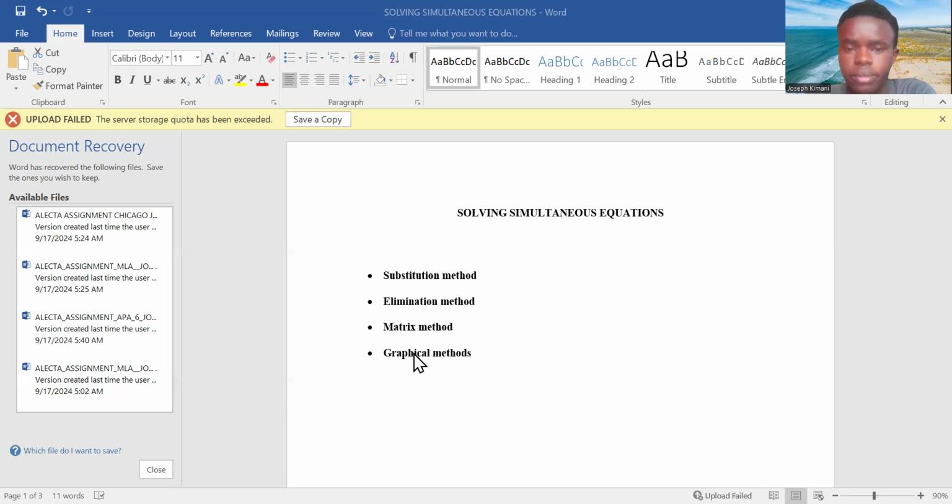But now, there are those that tend to confuse students. I've seen previously that students are given a simultaneous equation, and the question is open. You're just told to solve. That means you can use any of these 4 methods to solve the simultaneous equations. But you find that some students use methods in which they make mistakes.